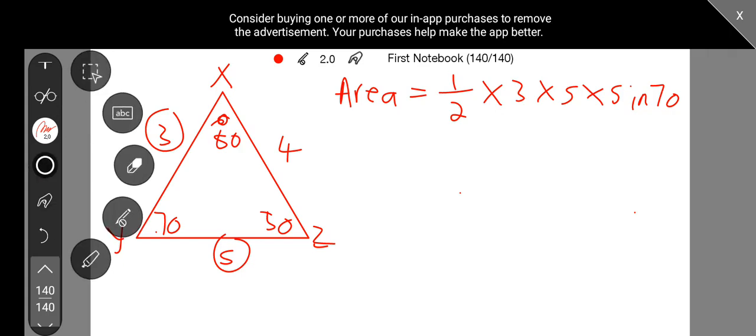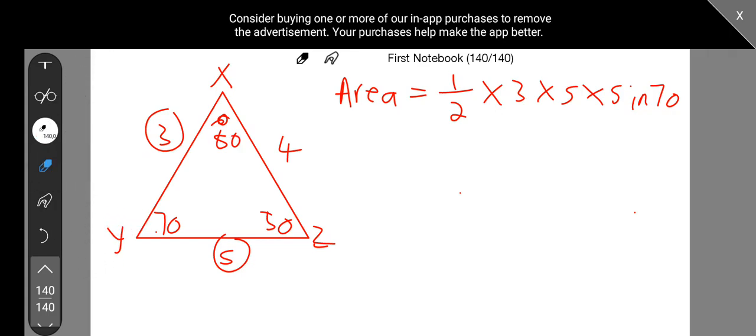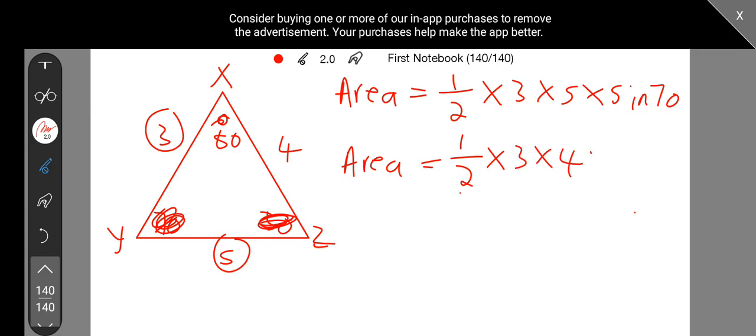So now let's find the area if 80 is given. Okay, so the area, we're going to pretend as if the other two aren't given and only 80 is given. It's going to be 1 over 2 times the two sides in which 80 lies between. That is 3 times 4 multiplied by sine of 80.